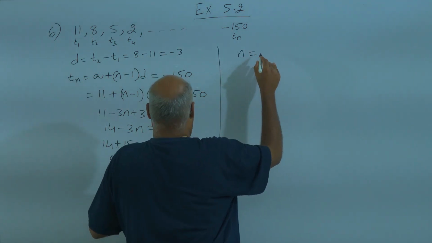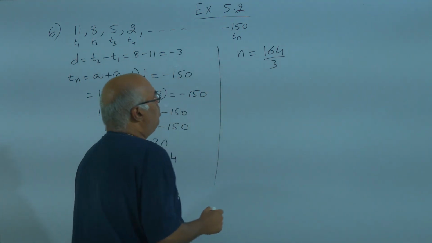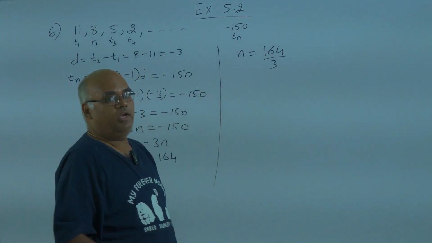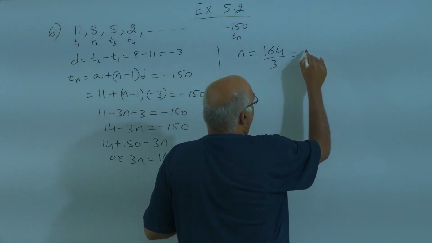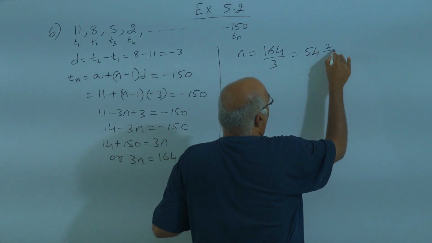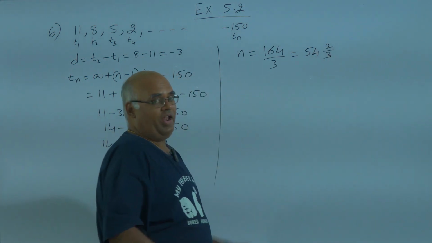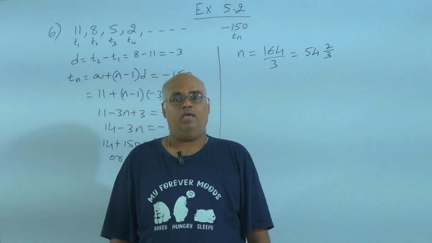N is equal to 164 by 3. So 164 is not exactly divisible by 3. This 164 by 3 can be written as 3 5s are 15, 3 4s are 12, 54 and 2 by 3. So we are getting a fraction. The n value can be only a whole number. It cannot be a fraction.